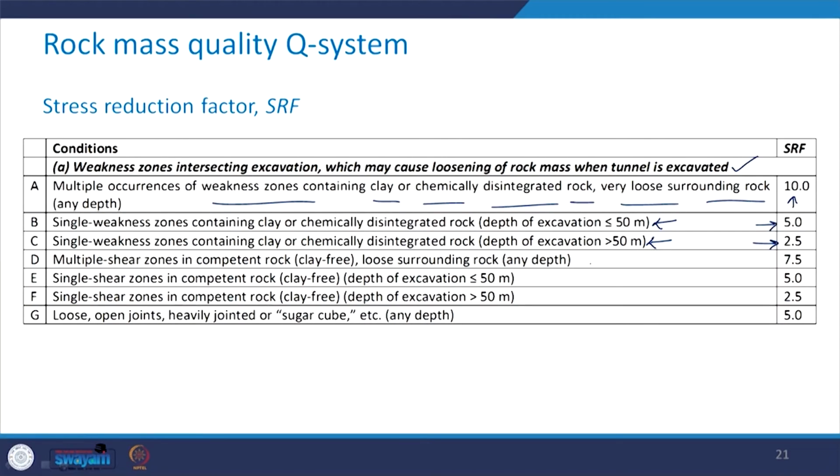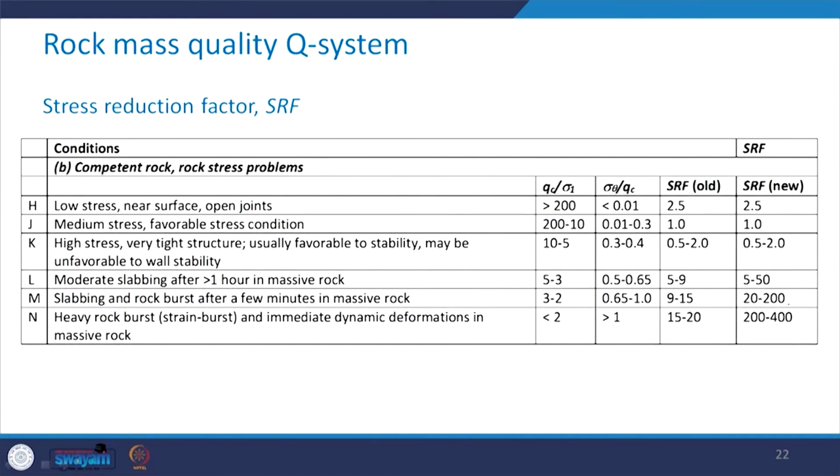When you have multiple shear zones in the competent rock or you have loose surrounding rock at any depth, the rating is 7.5, and likewise if you have loose open joints, heavily jointed or sugar cube etc. at any depth, then you will have a rating of 5. Coming to the next condition, where the rock stress problems are there in case of the competent rocks.